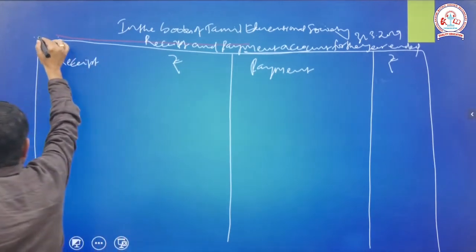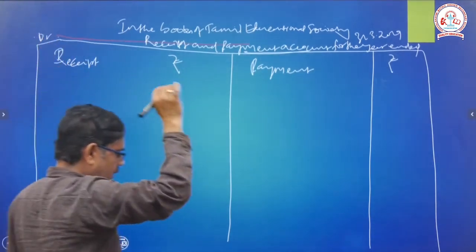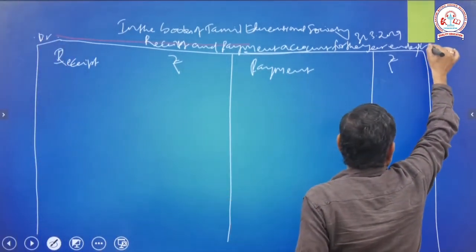Based on the ledger, the debit side is Dr and the credit side is Cr.